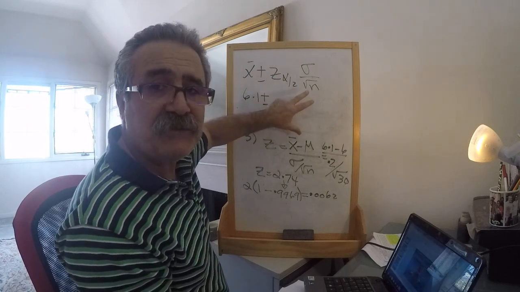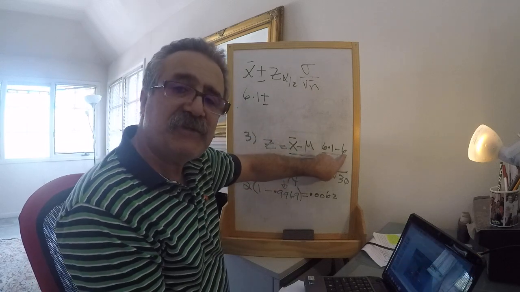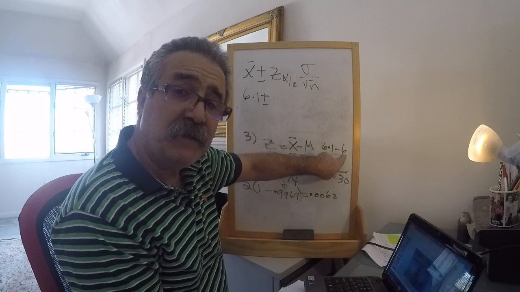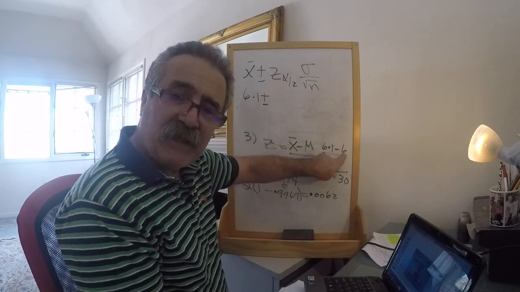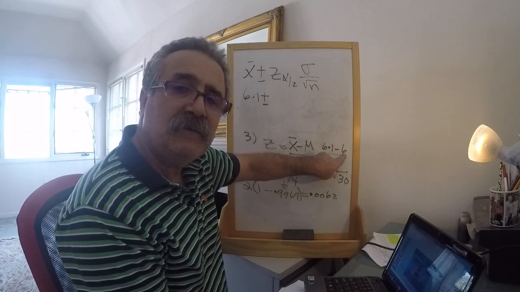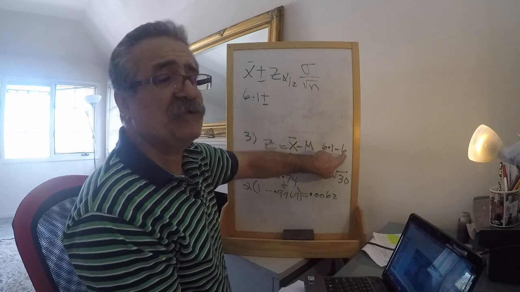We're going to have a range. If the hypothesized average, which is 6, the mu, is included in that range, then we accept the H0. But if it doesn't include 6, then we have to reject.